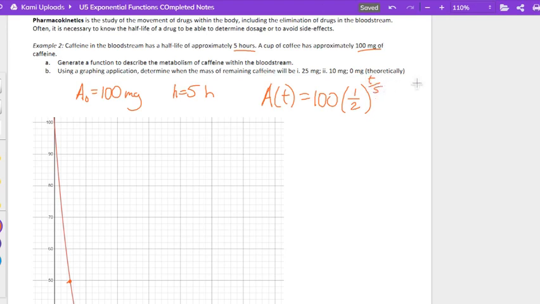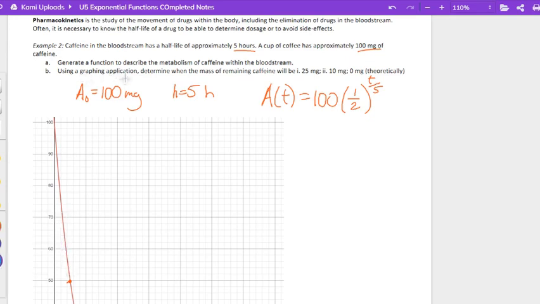So this is just an equation that models the decay of caffeine in your body. You could use this equation to find how much caffeine I have the next day, or after 1 hour. And this equation represents this graph.